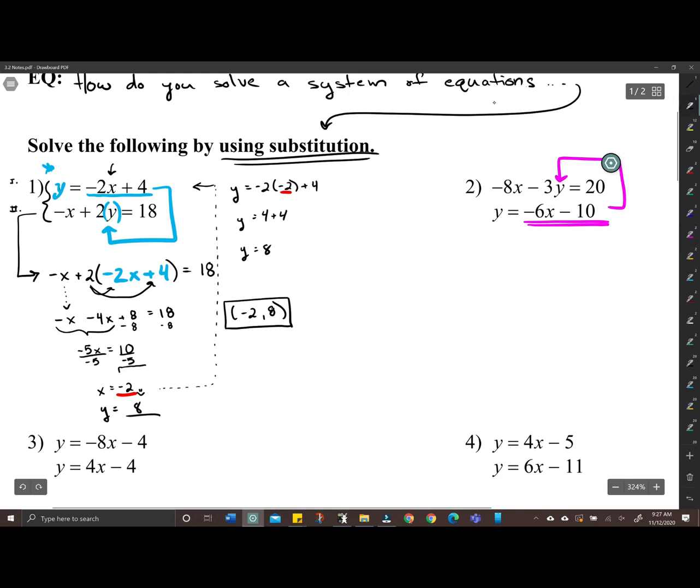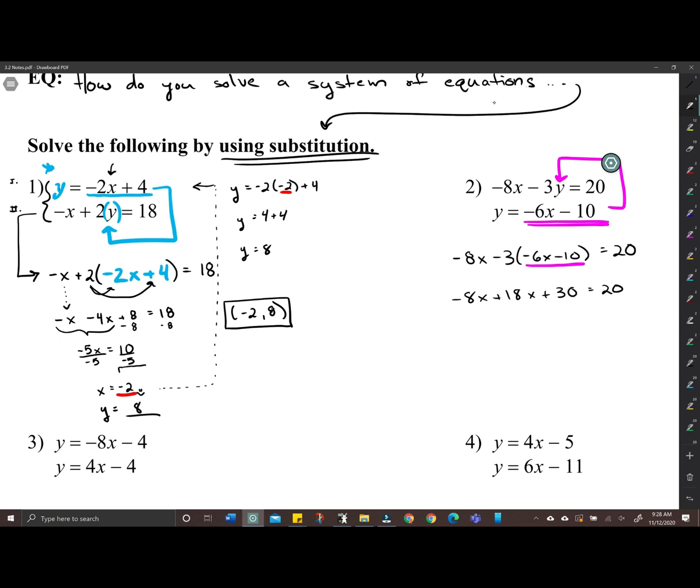So the new equation from above would be negative 8 times x minus 3 times negative 6x minus 10 equals 20. If you want to use some different colors and highlighters, please do so, okay? Make it fun for yourself. I know, math and fun, how do those things go together? But make it so you understand the stuff and you're able to work through the problems.